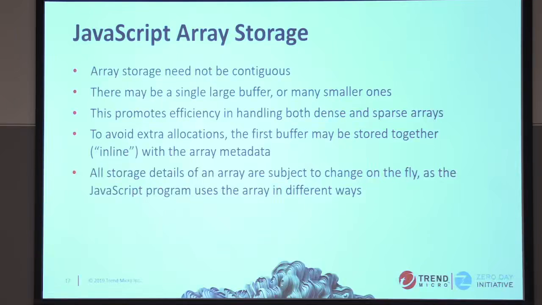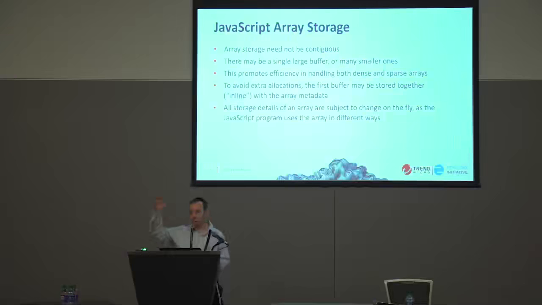One final technical note on how JavaScript arrays are stored. A JavaScript array will not always be represented in memory using a single monolithic buffer. For the sake of efficient storage of highly sparse arrays, the engine also must support an alternative storage format.